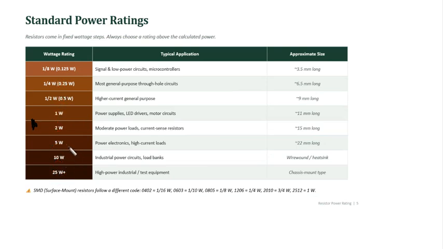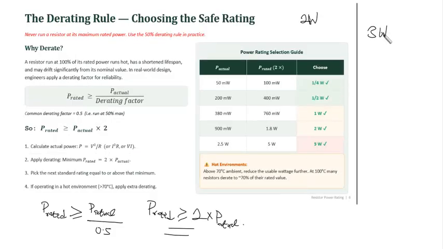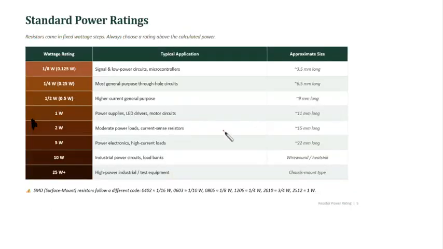You're going to see 1 watt, 2 watts, 5 watts, 10 watts, and the likes. So if the circuit requires 3 watts, you have to check against the standard power ratings that are available and know which resistor you are going to choose. So here, you either choose 5 watts or 10 watts, something higher.